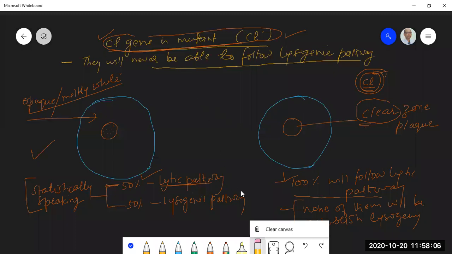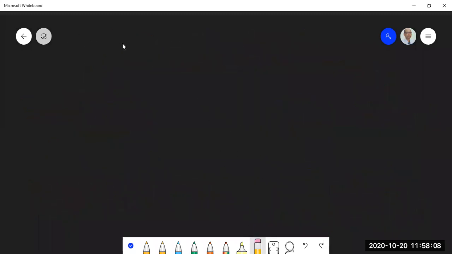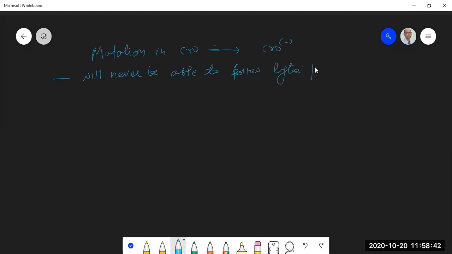All right. So what is going to happen if there is a mutation in the CRO gene? Such bacteriophage after infection will never be able to follow the lytic pathway.